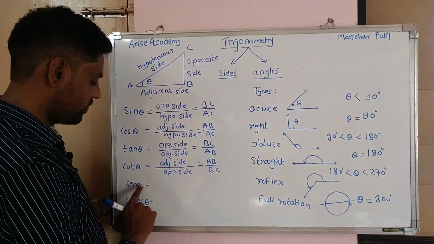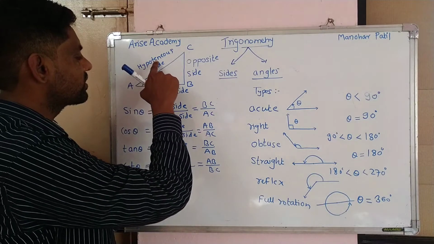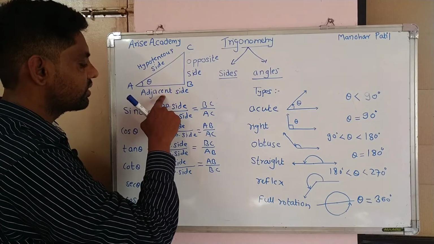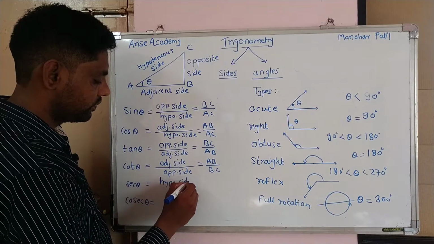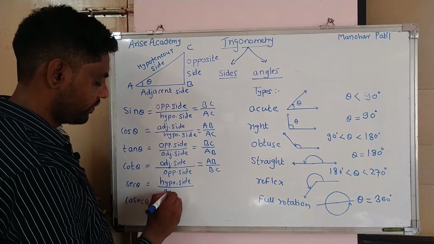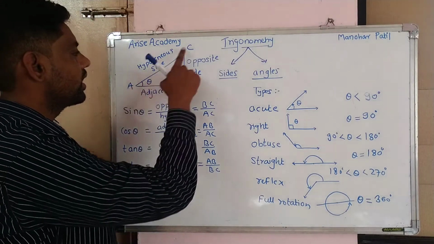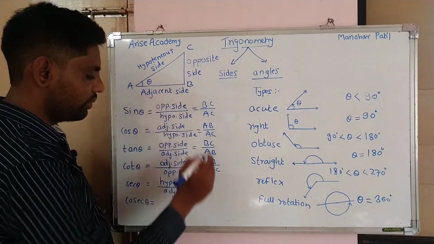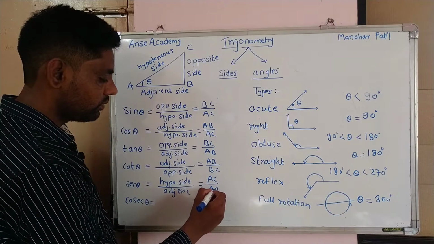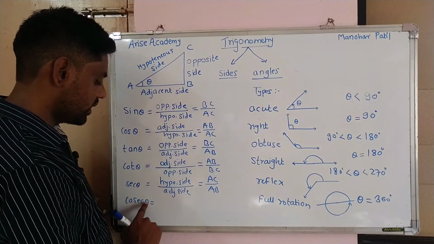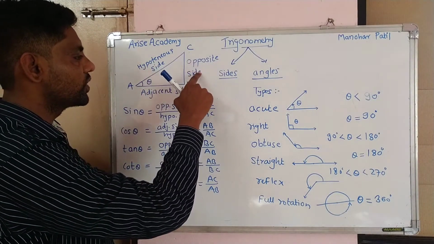Next, for sec theta. Sec theta is nothing but hypotenuse side upon adjacent side. That means AC upon AB. Cosec theta is nothing but hypotenuse side upon opposite side.